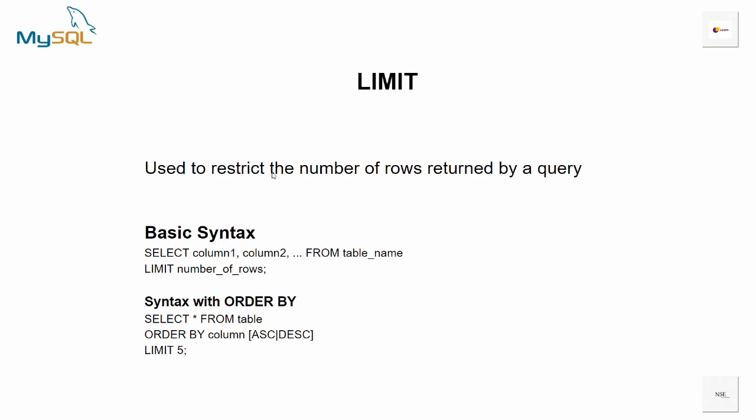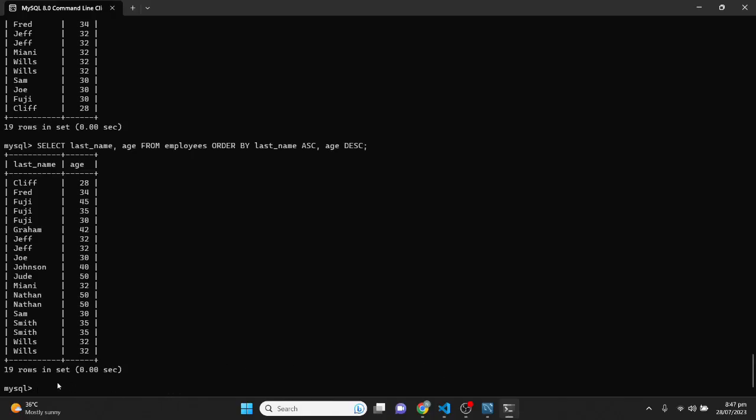The basic syntax is you have select and you specify the columns that you want from, and then table name, and you specify the limit and provide the number of rows that you want returned. Let's see an example here.